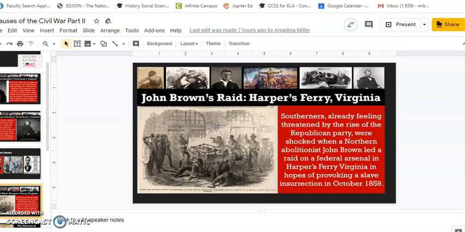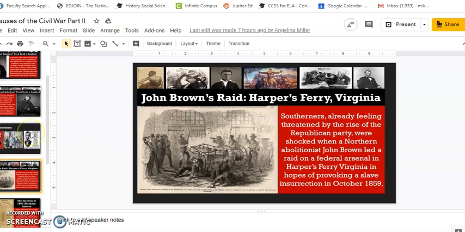He was hanged. And one of the questions that you're going to see in your document was if you think John Brown was a hero, and specifically, why do you believe that? So be sure to look into this slide or based on your readings and answer that question.